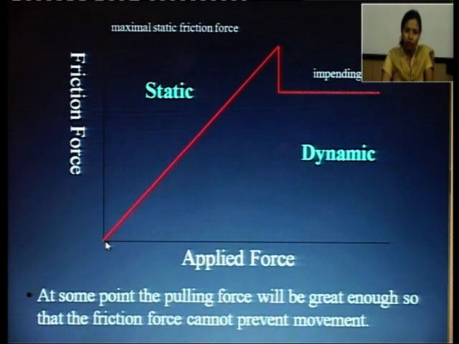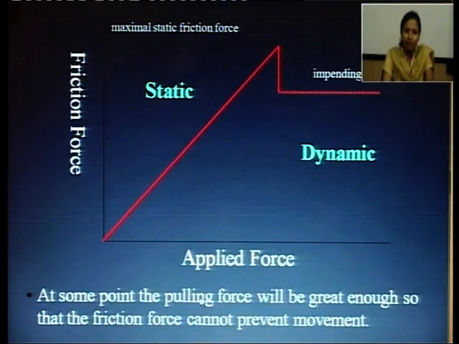So, from this point to this point, the force of friction which is acting is called static friction. Then the force of friction decreases instantaneously, and this is called the limiting friction, up to this point. Afterwards the body starts moving, and the friction that comes into play is called dynamic friction.